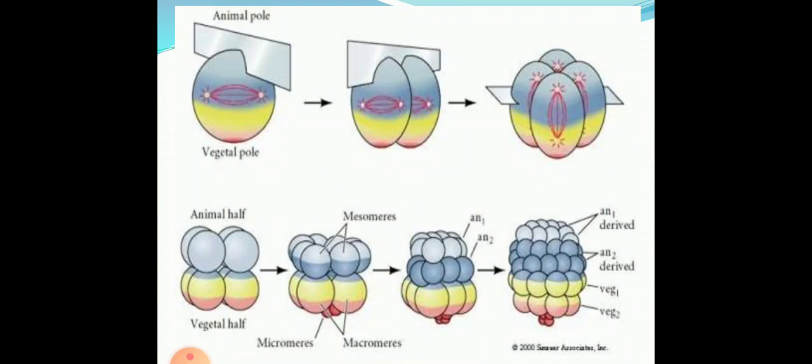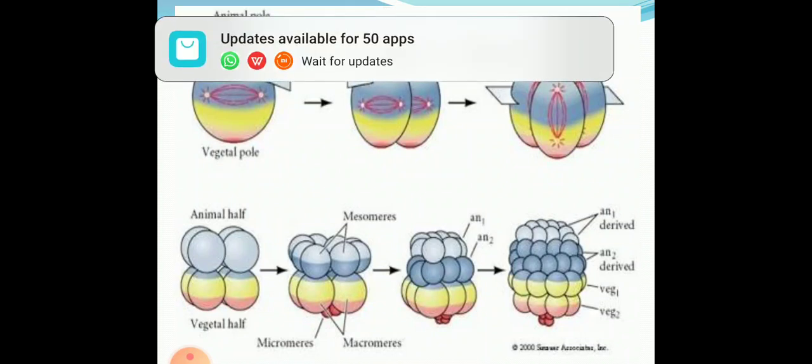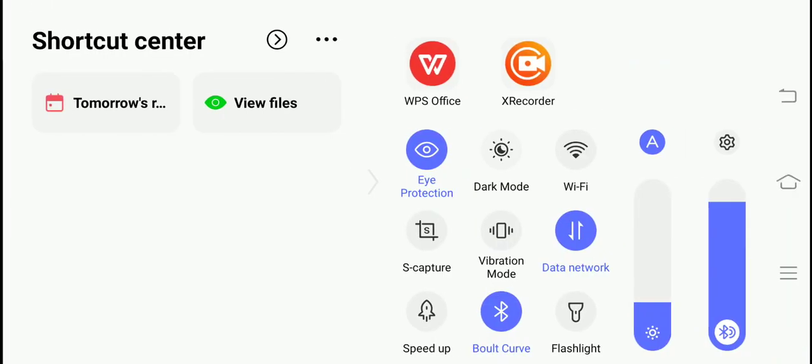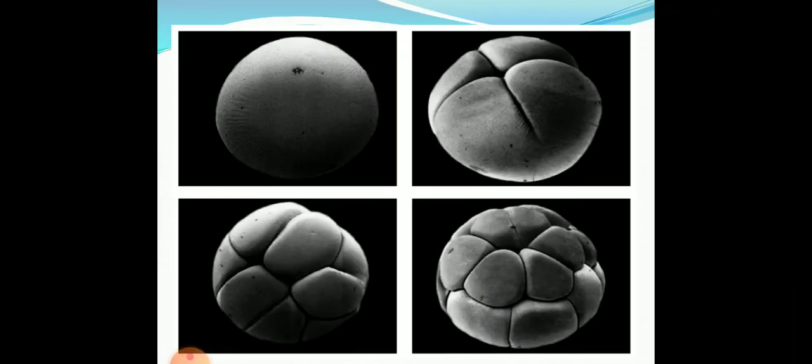This is the diagram you are seeing in the slide. Okay, next slide. These are the cleavage diagrams. The first one is the egg, and there are other cleavage diagrams as you are seeing.